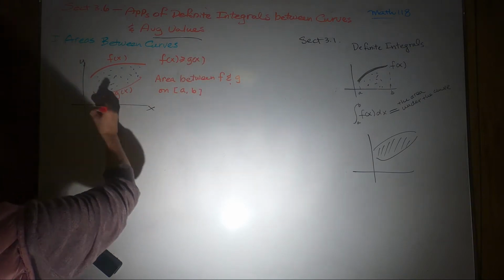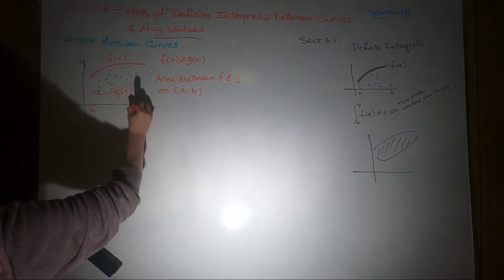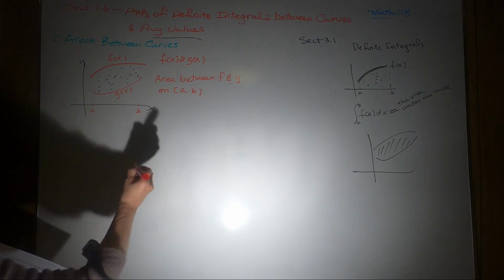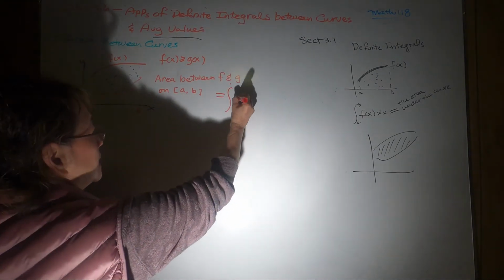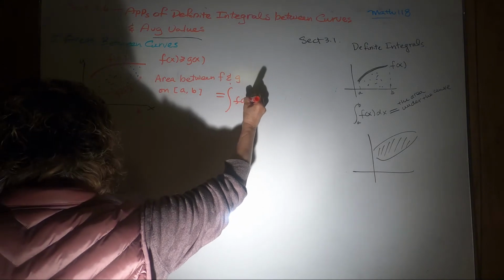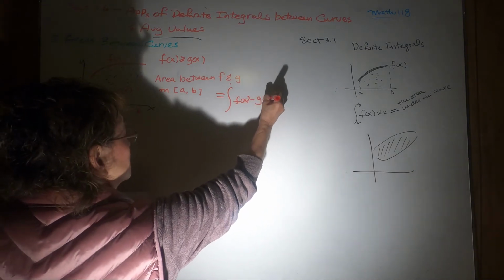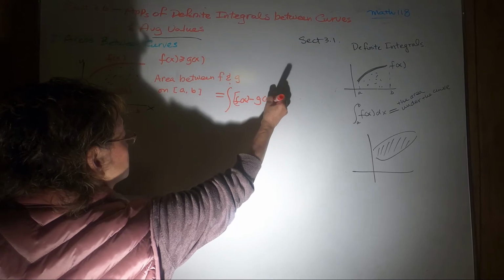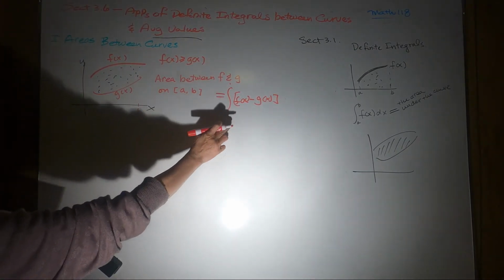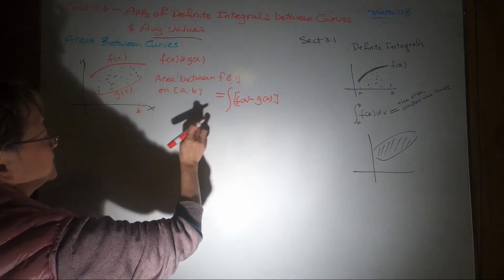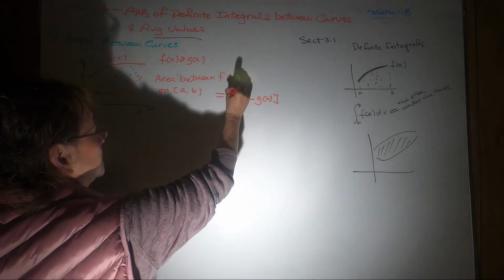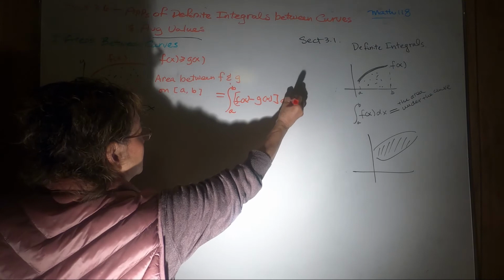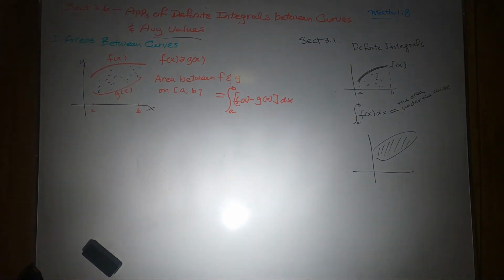from time A to time B, we do it this way: the antiderivative of f of x minus g of x. F is bigger than g, so this is always positive. So your area will be positive, because the area cannot be negative.